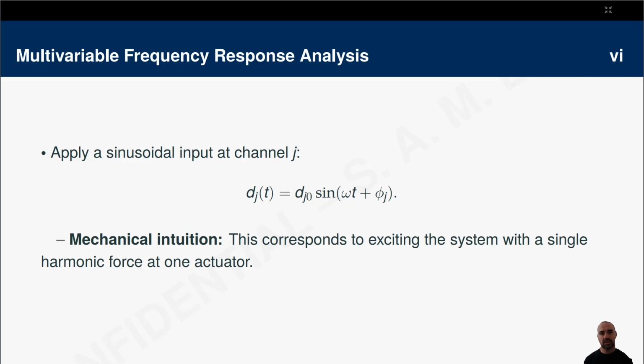Think about exciting the system using one actuator. This essentially isolates one column of the matrix G(jω). If we apply only one input, then we are isolating one column of this matrix. This corresponds to exciting the system with a single harmonic force at one actuator.